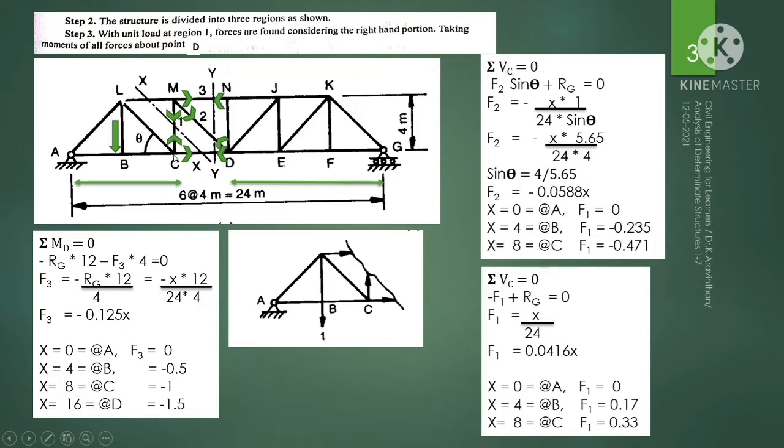For joint C, if I apply 8 meter, and at joint D 12 meter, after applying this 12 meter, I will be getting 1.5. So we got the influence line for F3, and let us come into the next section.